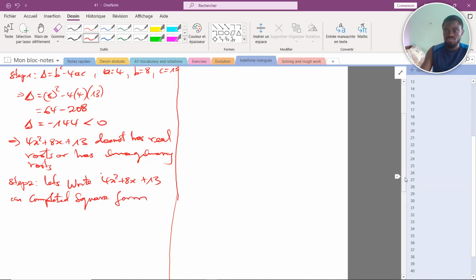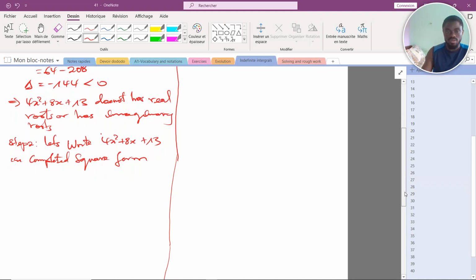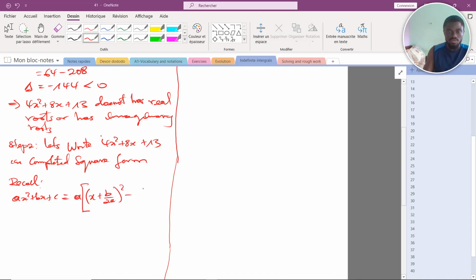I told you in the previous video that I really encourage you to use the completed square formula to be fast in your way of solving. So recall that ax squared plus bx plus c in completed square form is equal to a into (x plus b over 2a) squared minus delta over 4a squared.